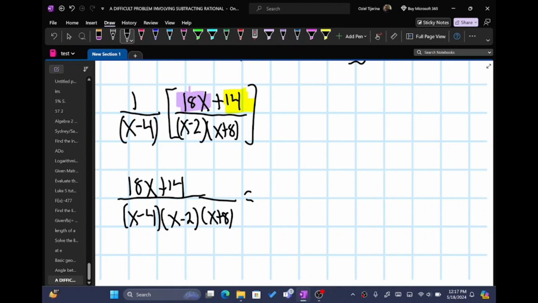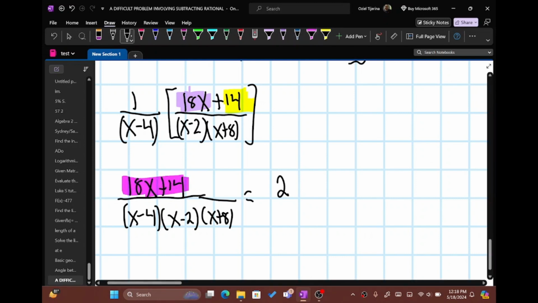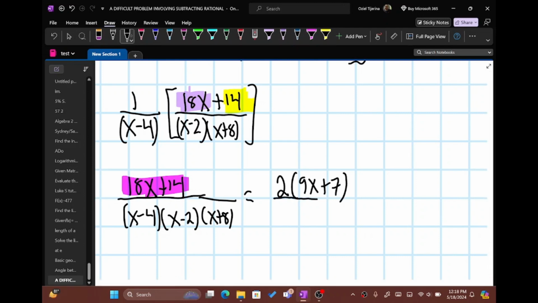Now, you can factor the top if you want. I don't think it's necessary, but if your teacher tells you to do that, go ahead. It's going to be 2 times 9x plus 7, because we can factor out a 2, and then put it over the quantity x minus 4 times x minus 2 times x plus 8.